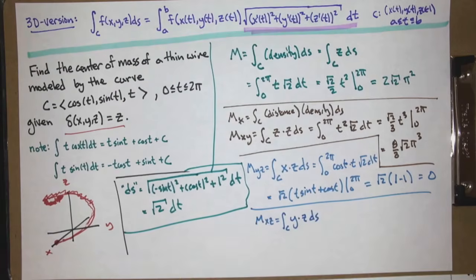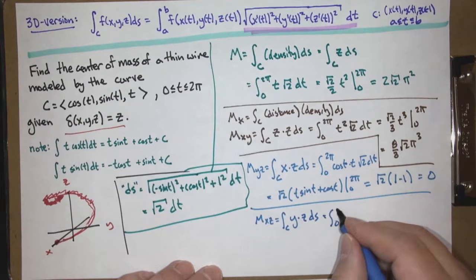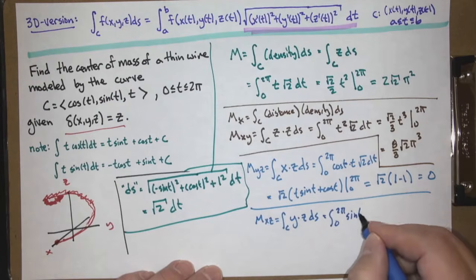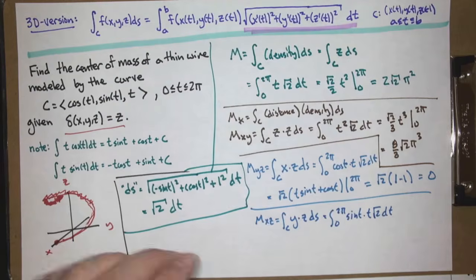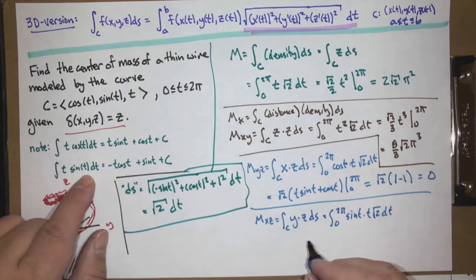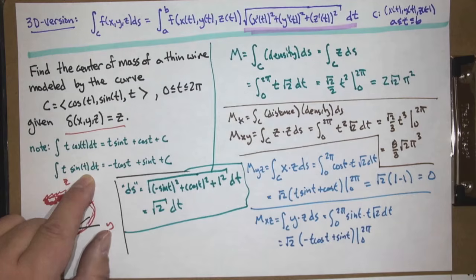All right, but what is y? Y is sine of t. So we get 0 to 2 pi, sine t root 2 dt. And they told us how to integrate t sine t. So we have a root 2 out in front, minus t cosine t, plus sine of t, evaluated from 0 to 2 pi.